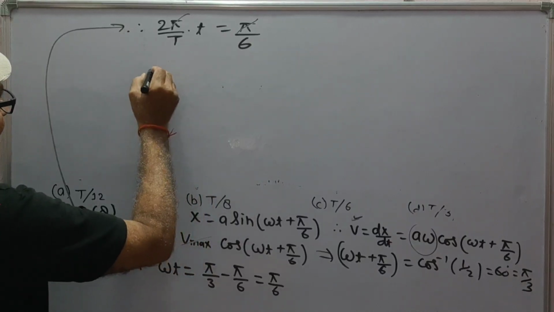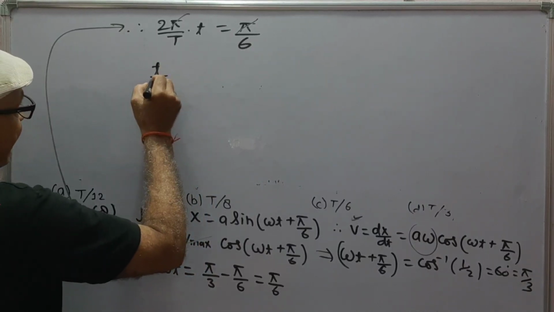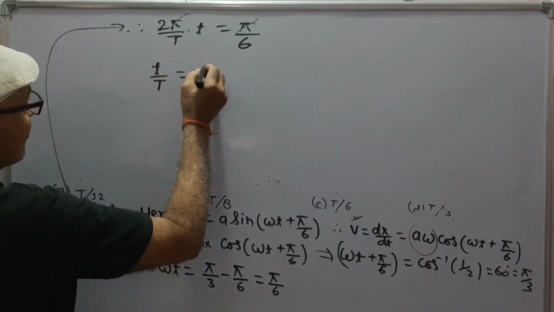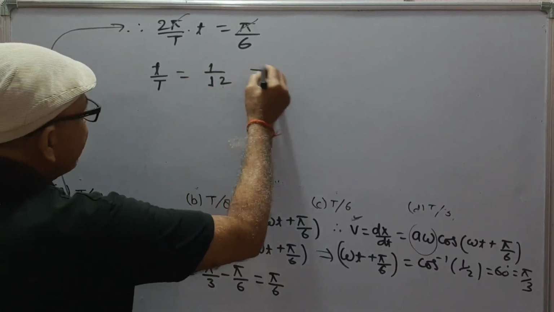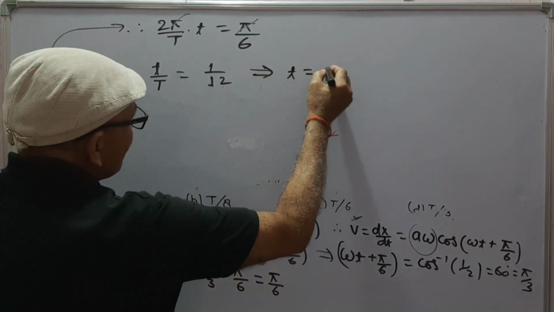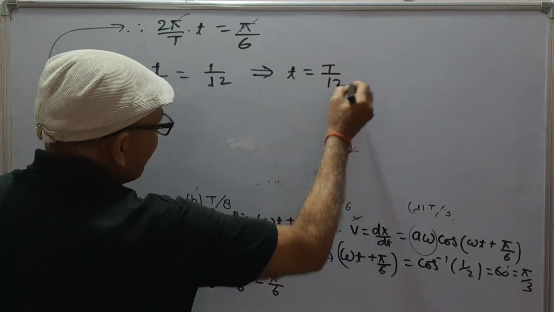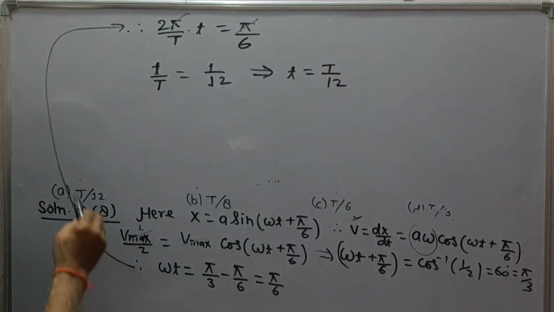Pi cancels out and we get t upon T is equal to 1 by 12. That is, small t will be equal to T by 12. So the correct option will be A, T by 12.